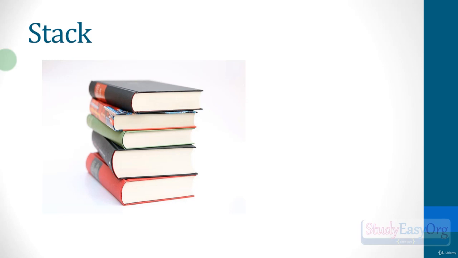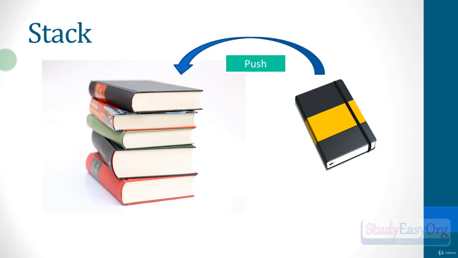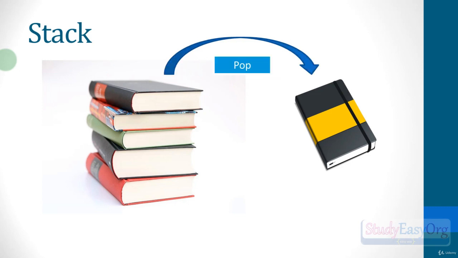So this is one property of a stack. Now the operations could be like the push operation, where we can keep a book above the stack of books, or the pop operation where we can remove a book from the stack of books, right? So a list where we can perform push and pop operations is definitely a stack, and operations would be performed at the top of the stack only.